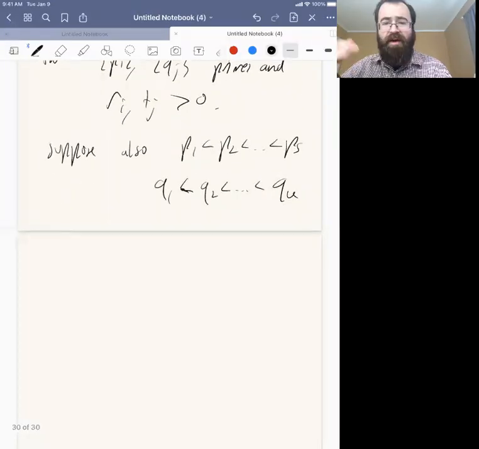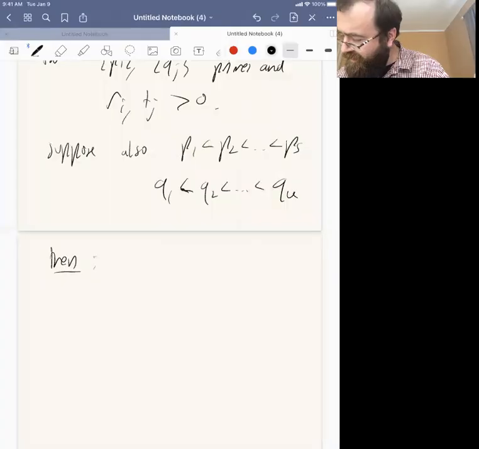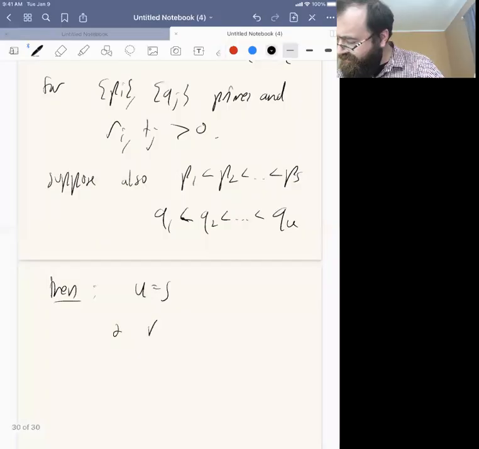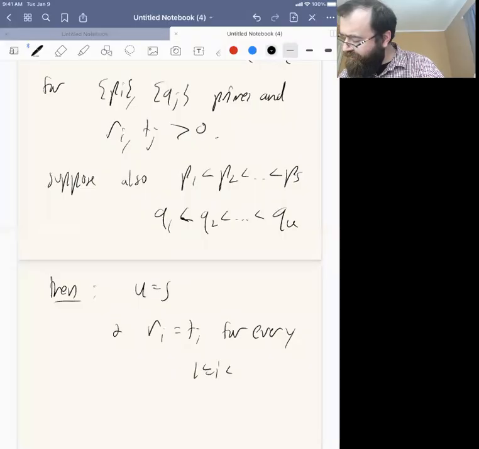Okay, suppose you have those two chains of inequalities, then u equals s and ri equals ti for every i between 1 and s, which is u.